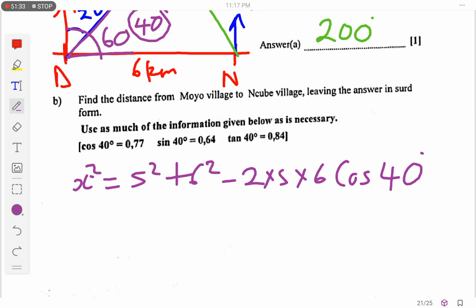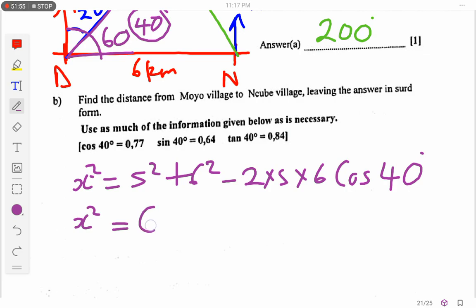So x squared is equal to 25 plus 36, 6 squared is 36.